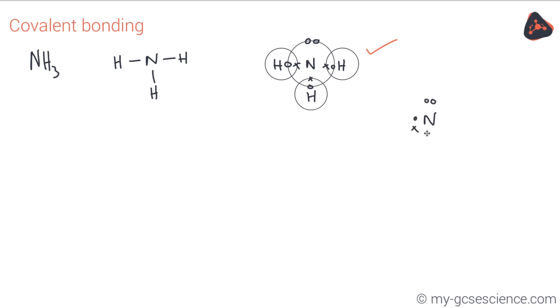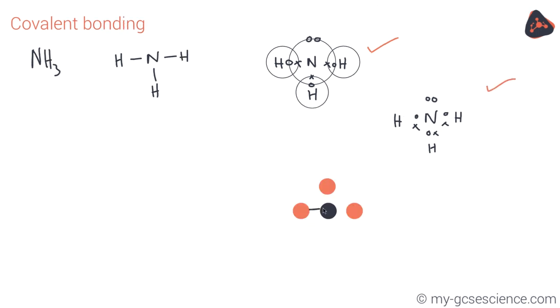Remember, it's important to show different symbols as dots and crosses for the different elements to be clear where the electrons have come from. Here, hopefully you can see that the nitrogen again has 8 electrons in its outer shell now, and the hydrogens each have 2, with 3 shared pairs of electrons, making the 3 covalent bonds, and 1 pair of electrons that isn't part of the bonding.